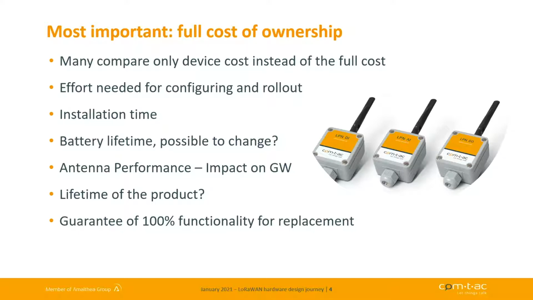Maybe if you have bad antenna performance, you must install additional gateways, which are very expensive. Therefore, on a lot of our devices we have the possibility to connect an external antenna, so that you have better antenna performance even if you install your device deep indoors somewhere in a traverse station or in a building or whatever you have.